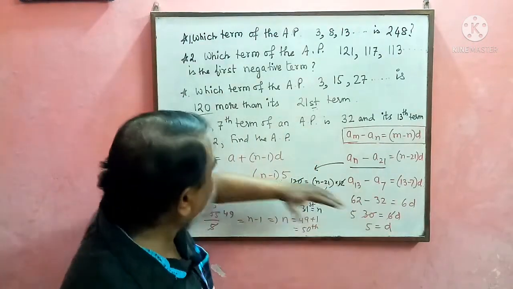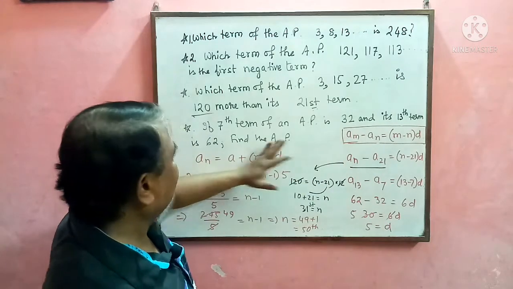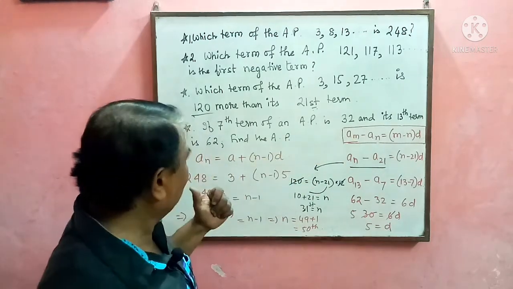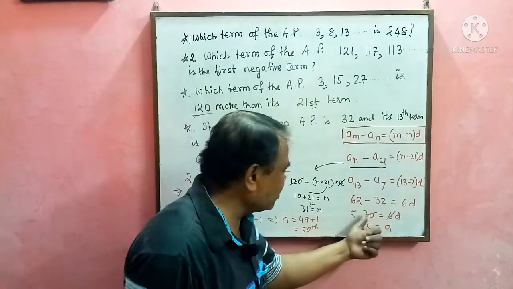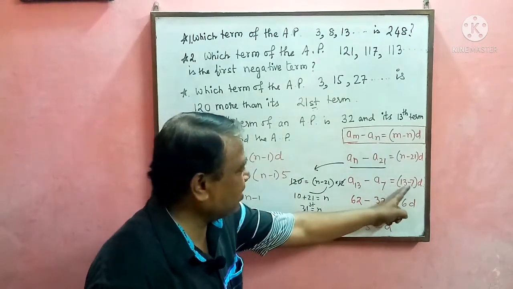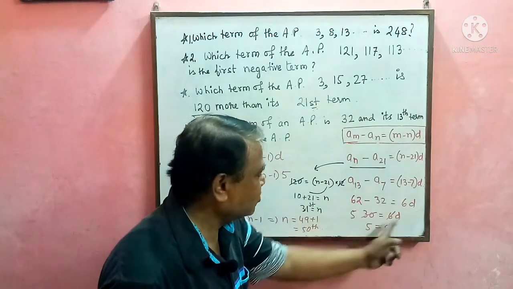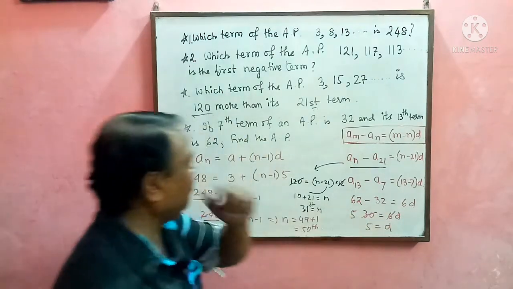The 13th term is given here, it is 62, and the 7th term is 32. So 62 minus 32 is 30. This is 13 minus 7, 6d. So we are getting d is 5.